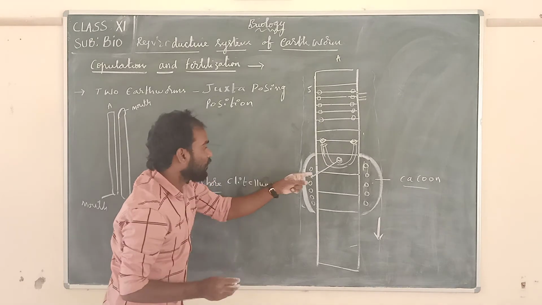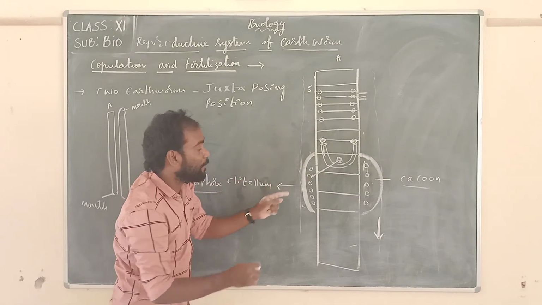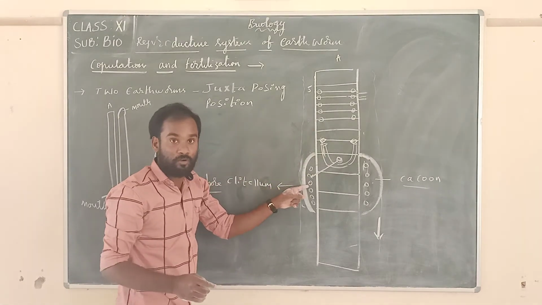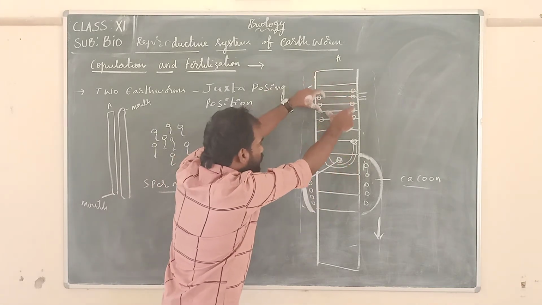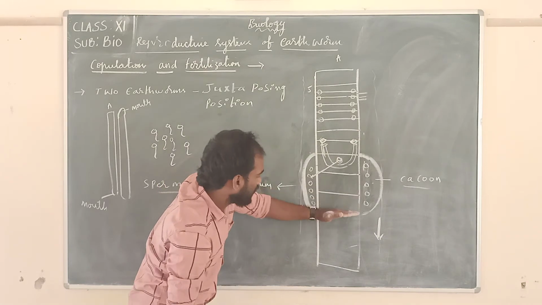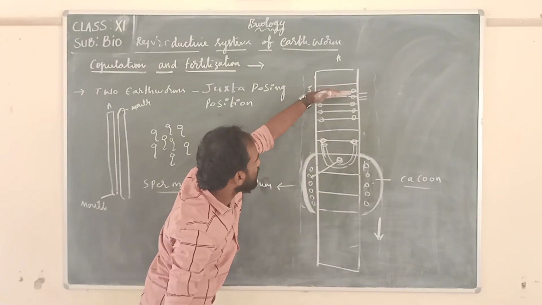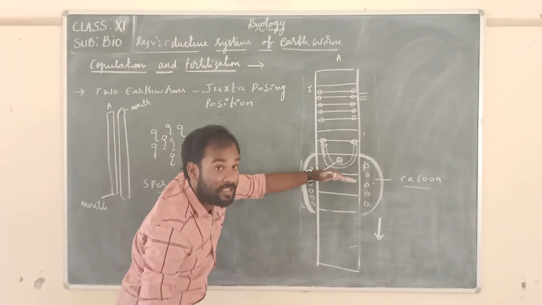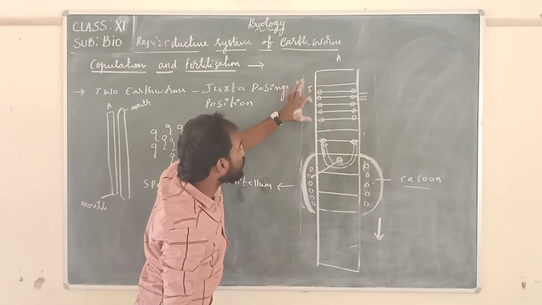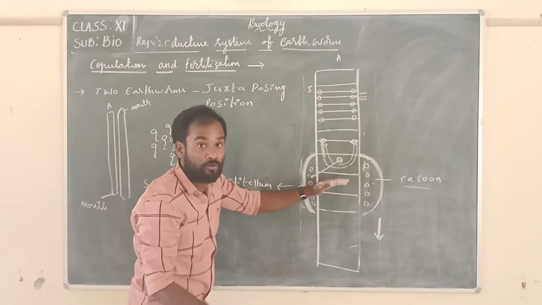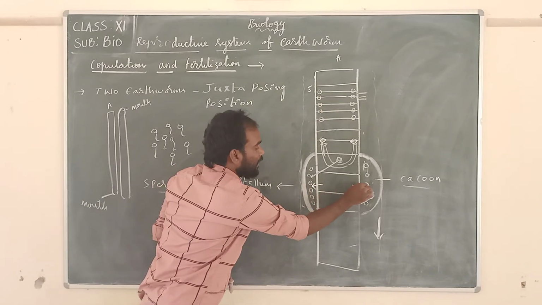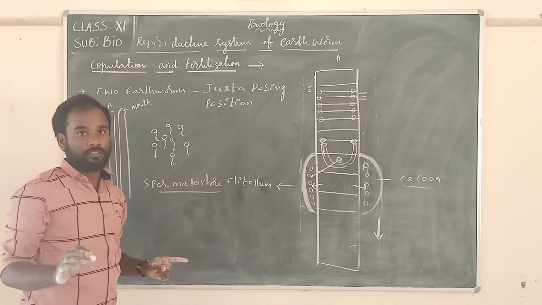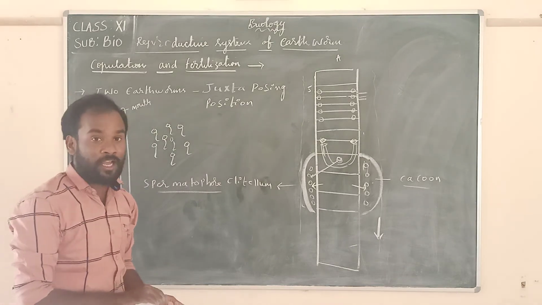Now when the 5th, 6th, 7th, 8th, 9th segments reach near the cocoon, imagine the earthworm moving like this. When the 5th to 9th segments reach the cocoon, the sperms from the spermatheca will be released into the cocoon.